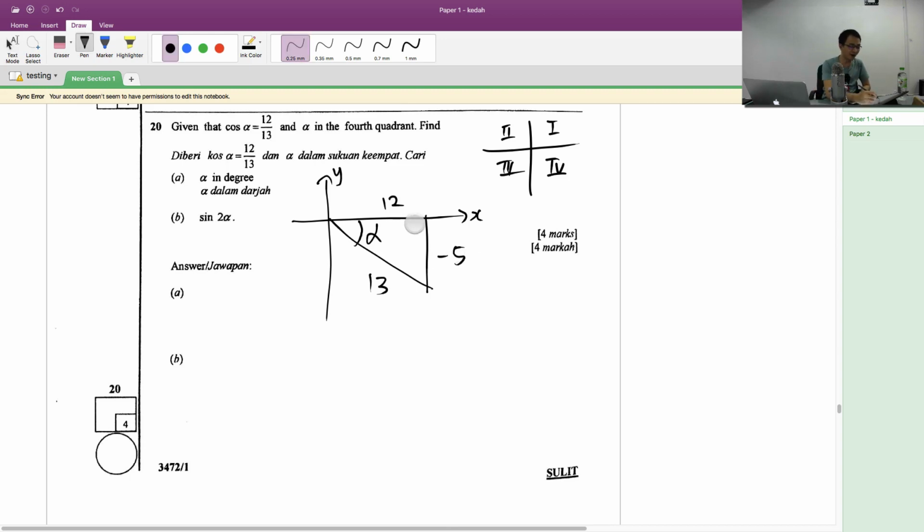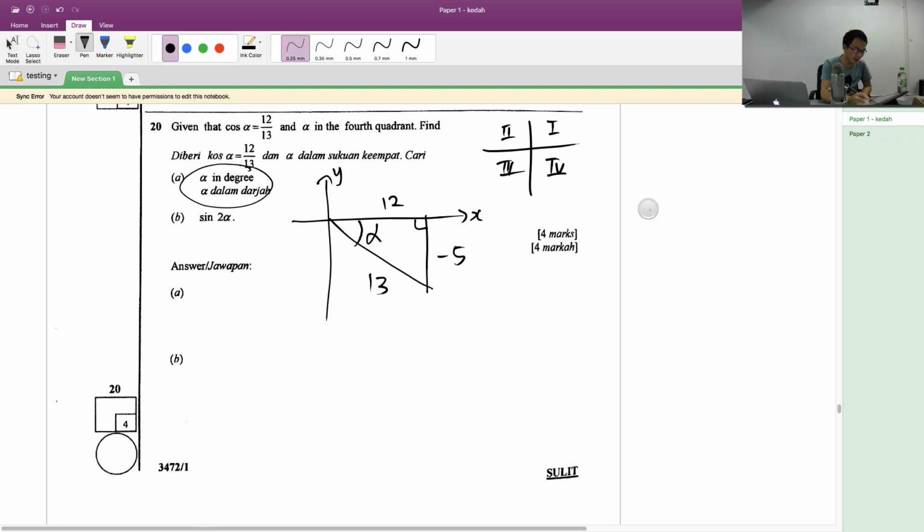Just use Pythagoras, which is 13 squared minus 12 squared, and then you should be able to get 5. But then I will add negative because it's below the x-axis. Alright, then the question asks us to find alpha in degree. So that means we have to solve this one first.